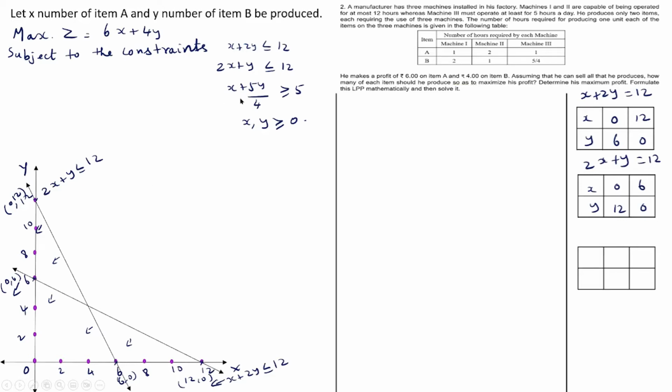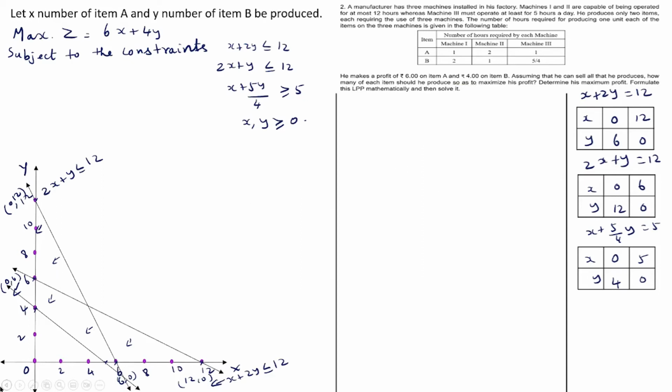Next we have the inequation x + 5y/4 ≥ 5. The equation corresponding to this is x + (5/4)y = 5. When x is 0, y is 4, and when y is 0, x is 5. So we have (0, 4) and (5, 0). When we draw a line joining these 2 points, we get x + (5/4)y = 5.